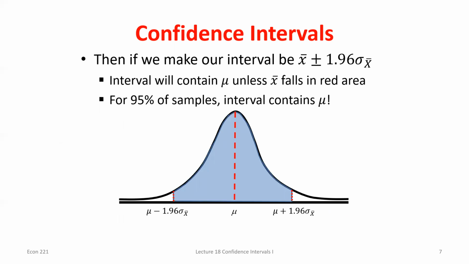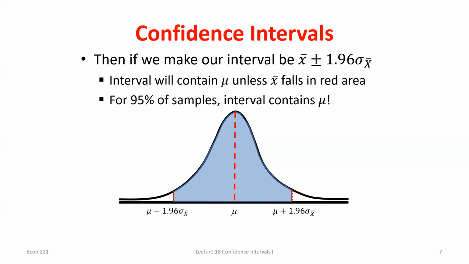Okay, so I know that if I build confidence intervals around, how do I want to show this to you? So let's say I saw a sample mean value that was right here, and I go 1.96 standard deviations above and below that sample mean I see.